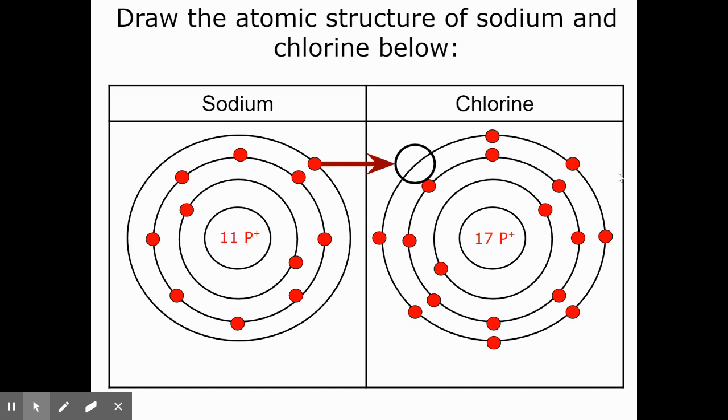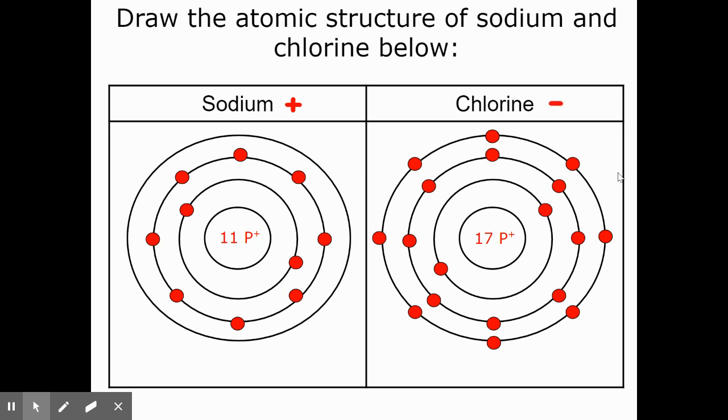Sodium just lost an electron. So it now has 11 protons, but only 10 electrons. It has an overall positive charge because it has 11 positives and 10 negatives. But chlorine has 17 positives, but now it has 18 negatives. So it has 1 more negative charge. So it has an overall charge of negative.